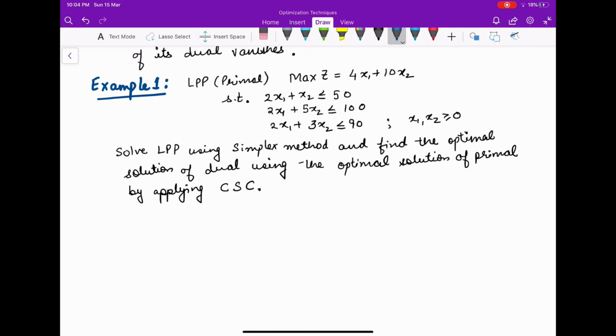So if you want to apply the complementary slackness condition, then let's see how to solve this problem.